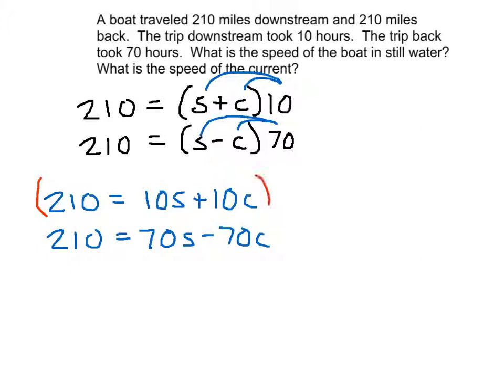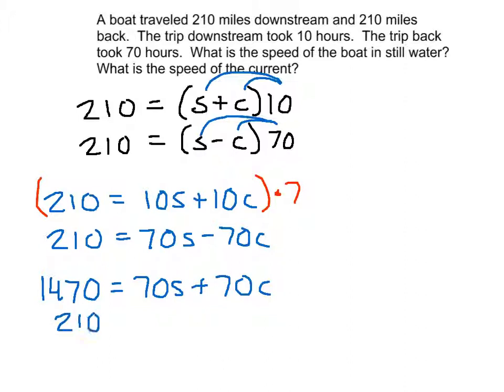So I'm going to take this whole equation and multiply it by 7, because 7 times 10 is 70. Once I do that, I'm going to end up with 1,470 equals 70s plus 70c. And I'm going to take this equation below and just rewrite it underneath so that I have it written down.